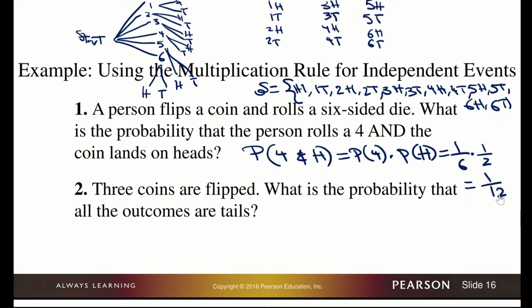12. So I'm showing you all this work up here so you appreciate the power of the multiplication rule. You see, as long as you know the 2 events are independent, you can just find the probability of one multiplied by the probability of the other event, and you'll get this without having to do what? All that work, which is what you would have done if you didn't have the multiplication rule, right?